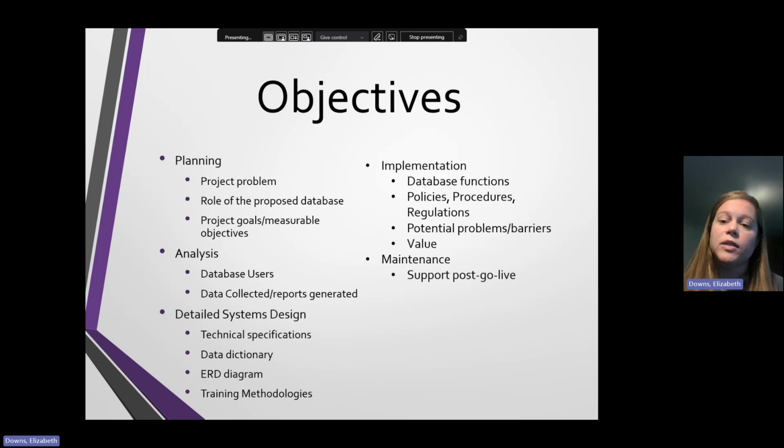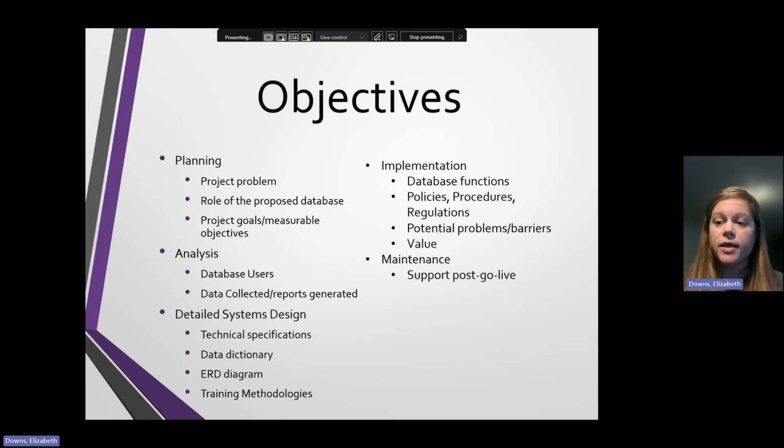Secondly, the analysis phase will include a discussion regarding the requirements of the database users, their role and competencies. We also take a look into the data that will be collected and reported and the reports generated from the database. Next, in the detailed systems design phase, we will have a conversation regarding technical specifications, the database's data dictionary, the ERD diagram, and training principles.